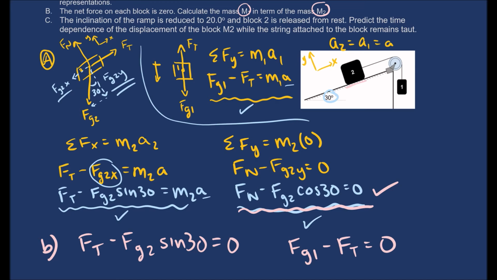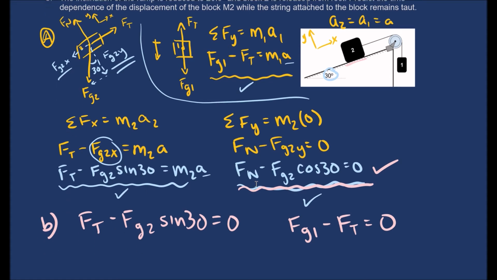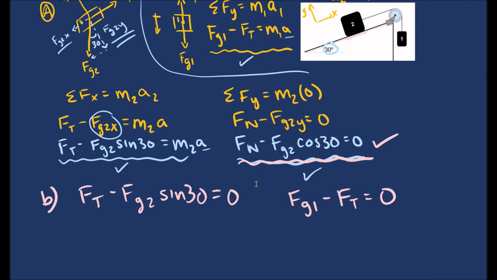Okay, so we probably want to rewrite our force of gravity using the masses of the blocks. And additionally, we probably want to get rid of that tension force. So it might be a good idea to substitute out that tension force, so we're just dealing with the masses and can relate the masses to each other.